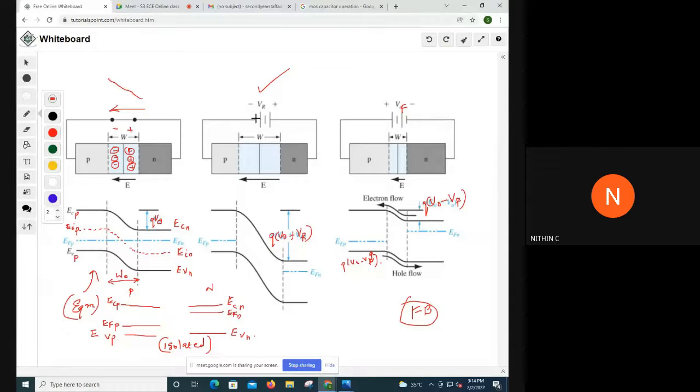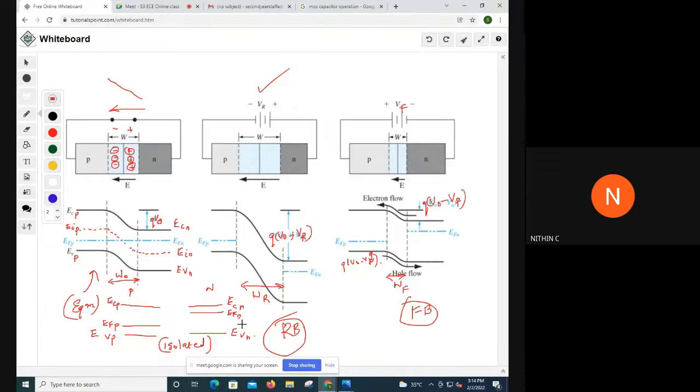Reverse voltage means negative potential to the P side and positive potential to the N side. Depletion region width also has increased. This will be WR and this will be WF. So this potential has increased, and during reverse bias, high energy is required for an electron to jump across the regions. So conductivity is very less in the reverse biased condition. Okay, this is the reverse biased case.